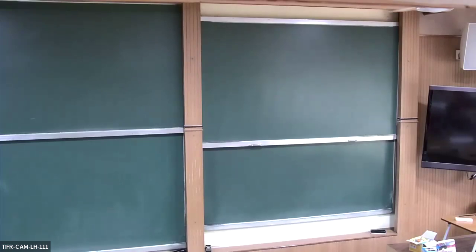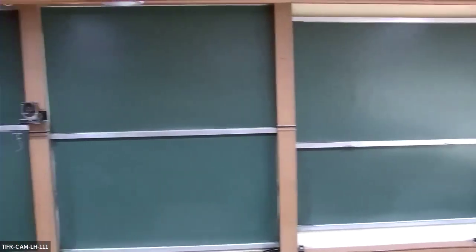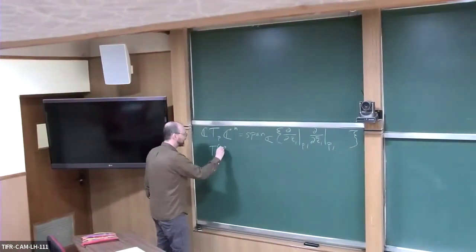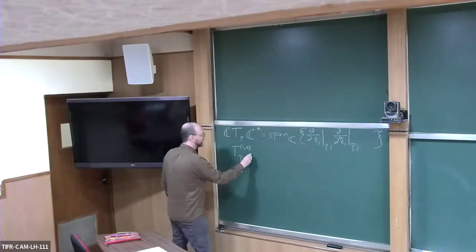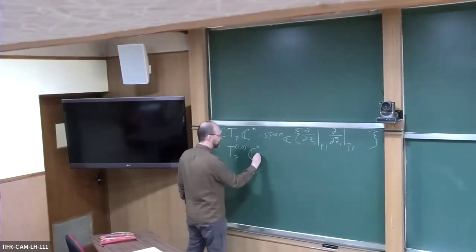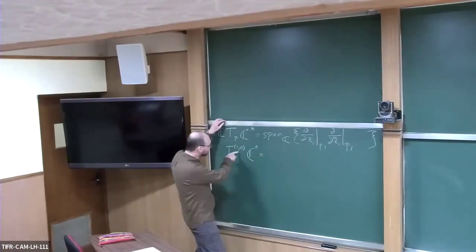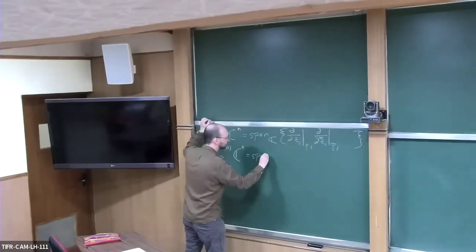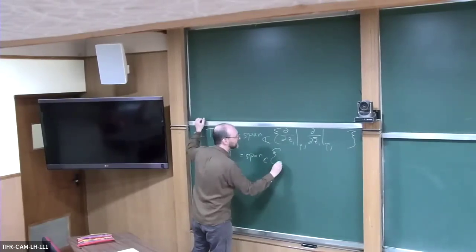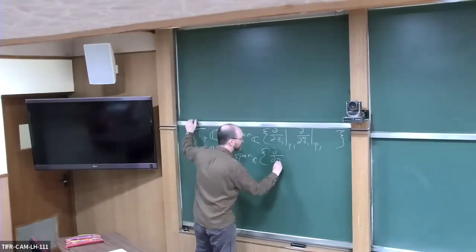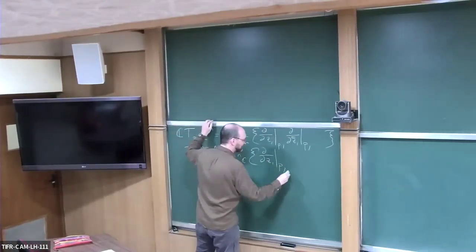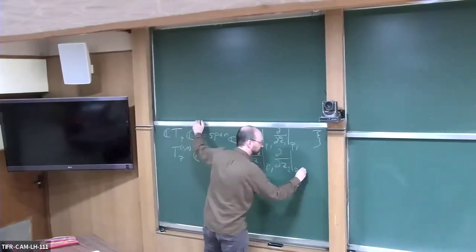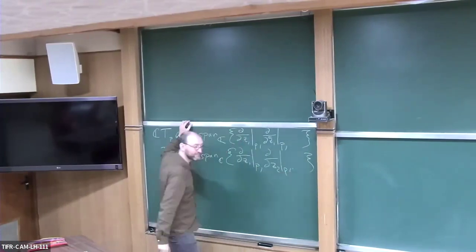So I'm going to write the C in there because this is a complex vector space. We'll write T^{1,0}_p C^n, and this is going to be the holomorphic guy. So I'm just going to take the span over C of the ∂/∂z_1, ∂/∂z_2, for all the j.